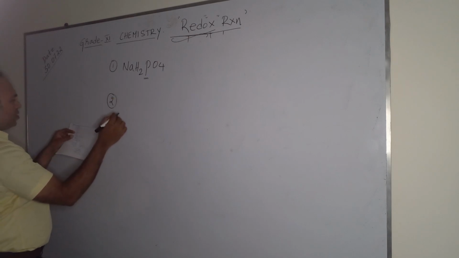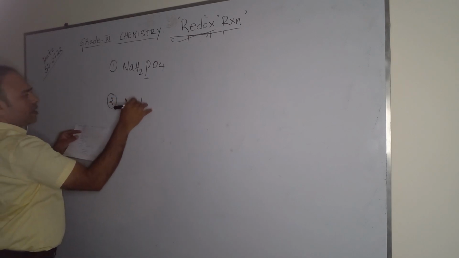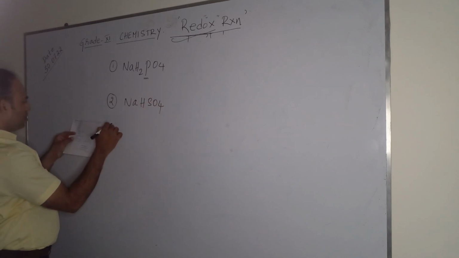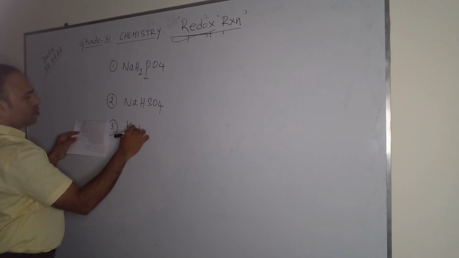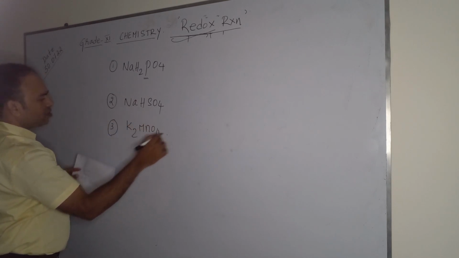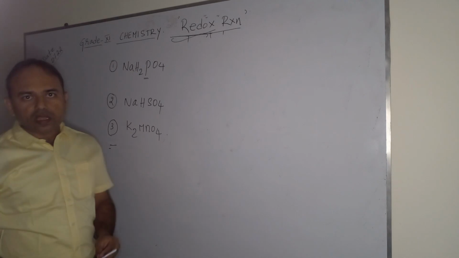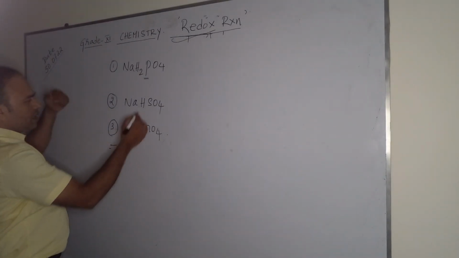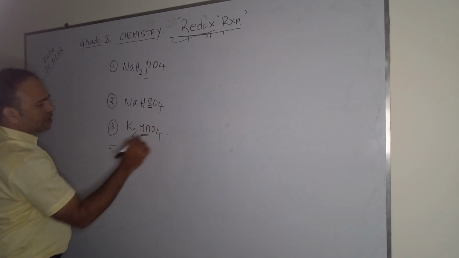The second one is NaHSO4. Next, the third one is K2MnO4. See, I will solve these three, the remaining you can please do as your practice. Now here we have sulfur underlined and here it is Mn.